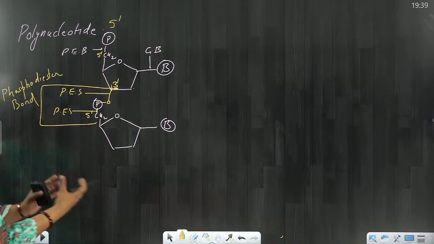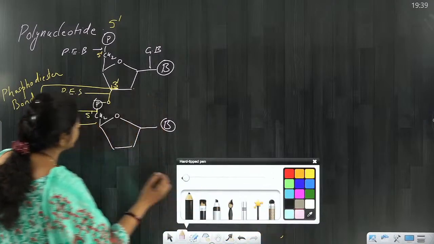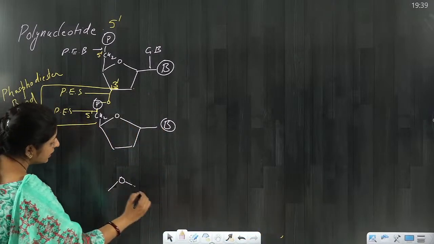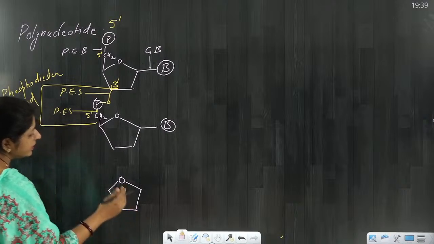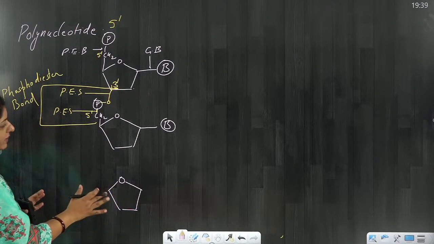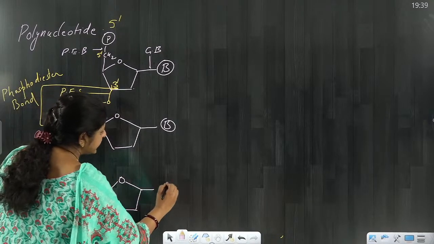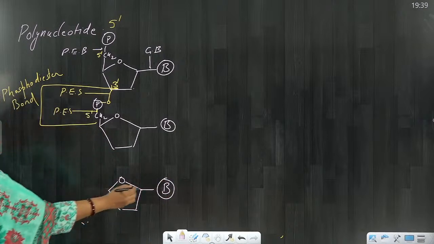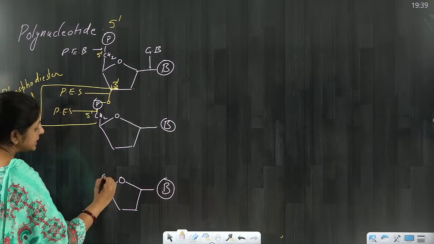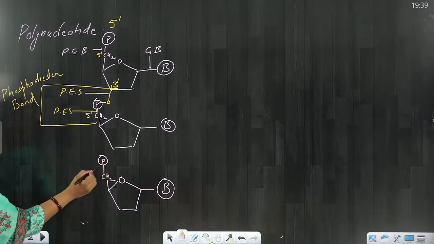Now let me take one more, because it is a very long chain. I am taking a few to explain this. Let's see one more. Whether it is deoxyribose sugar or ribose sugar, it is going to make the polynucleotide chain in the same manner. Here is a base, glycosidic bond, having CH2 and having its own phosphate. Which bond is there?